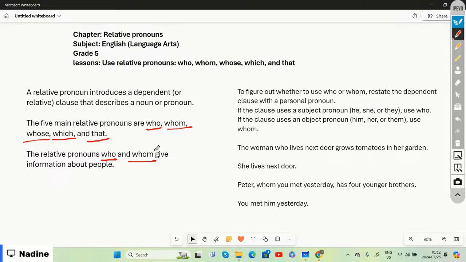And to figure out how to use who or whom, we first need to know what who means and what whom means. So, our relative pronouns who and whom give information about people.